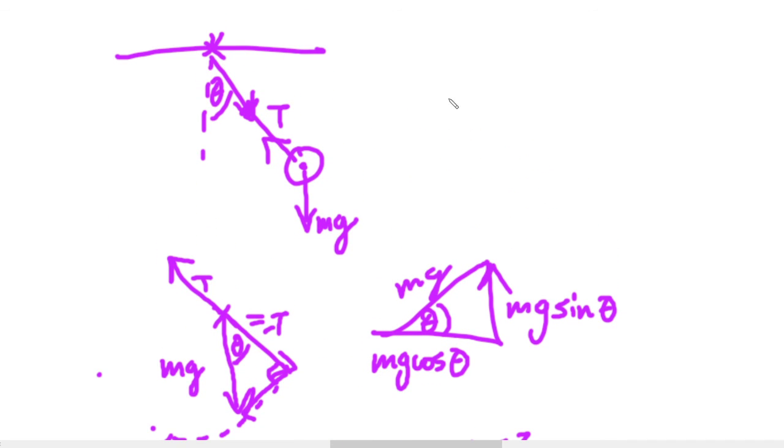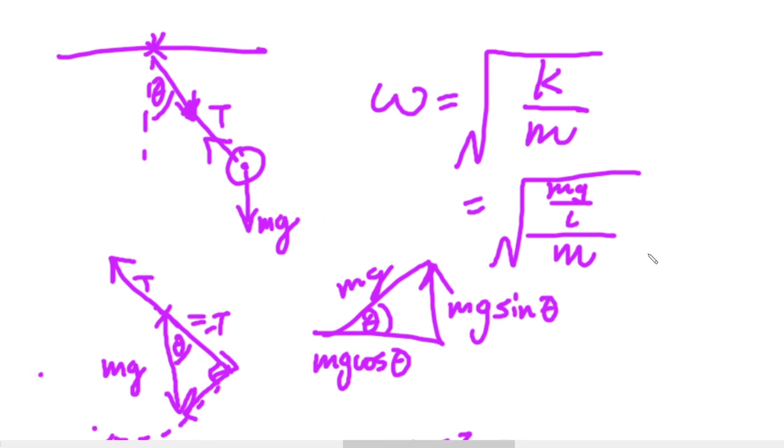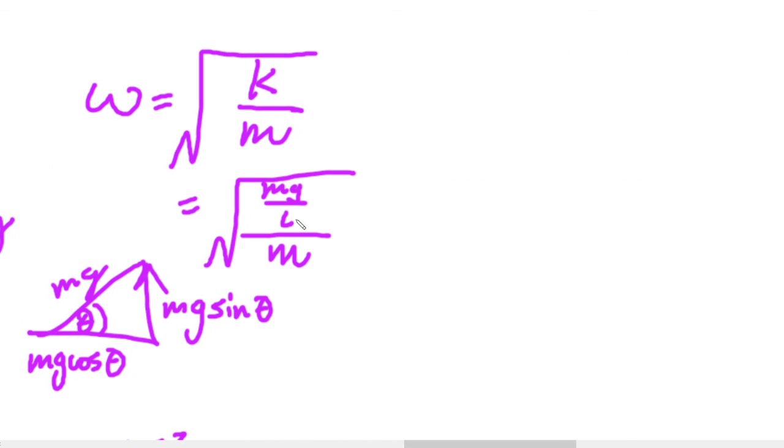So, as we know that the angular velocity of this system is going to be the square root of k over m, where k is mg over L, then we can cancel the mass as it shows up here and here, and we just get the angular velocity of this pendulum through the oscillation is going to be the square root of g over L.